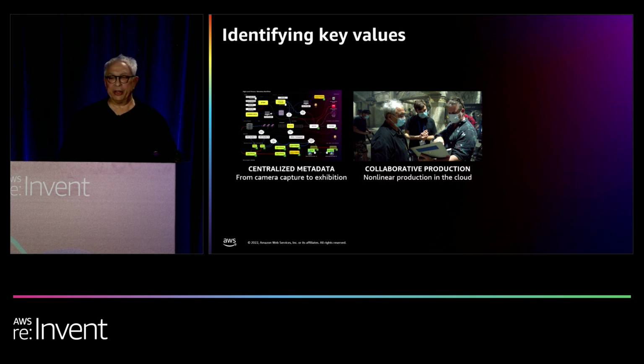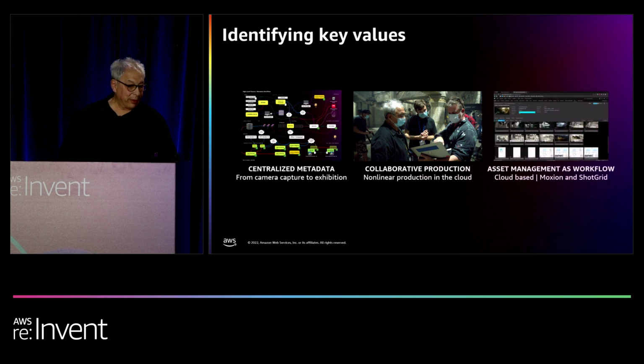Also, collaboration and the interconnectedness of film production and the dynamic constant changing that Katrina was talking about, that goes on from moment to moment. I'll talk about how we dealt with that. And then finally, asset management as workflow, the importance of assets.